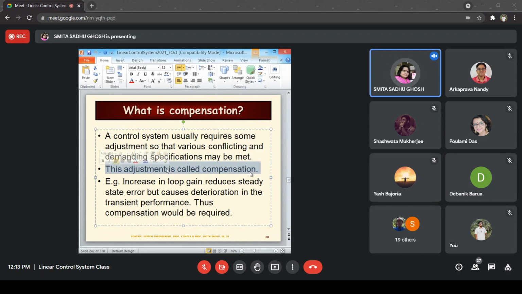I'll mention once again that such compensators or controllers, whatever you call them, may either be physical in nature, meaning you may have some hardware, or it may just be some sort of software. A computer program which is serving your purpose, giving you the desired signal at the output, you interface it with your system, and it serves your purpose.